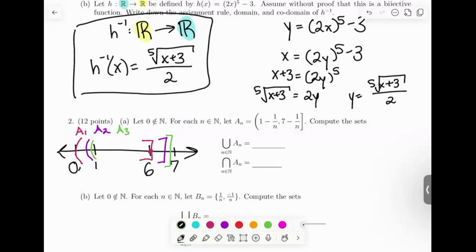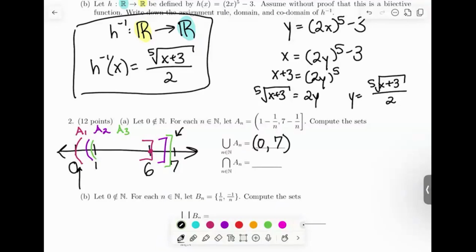Here you can see I almost hit 0, but I don't actually touch 0. Only A1 has that, but I'm unioning these together, so I get to include all of them. As n gets bigger and bigger, I get closer and closer to 7, but I never actually touch 7. So I almost get to 7, but not quite. So it's 0 to 7, both open brackets.